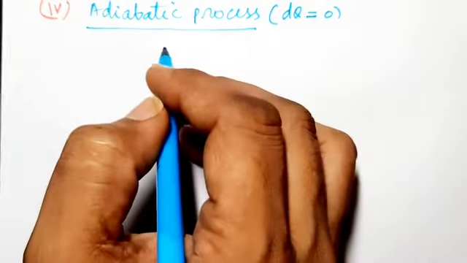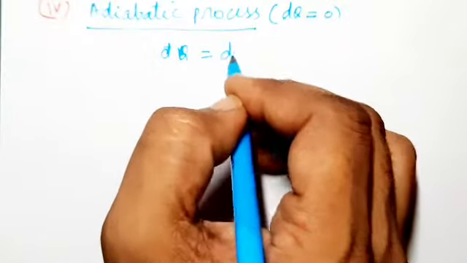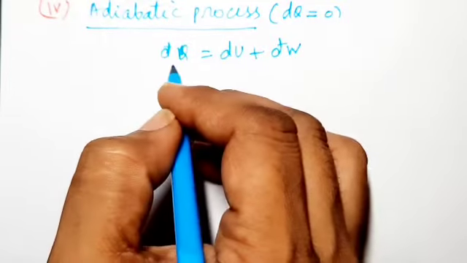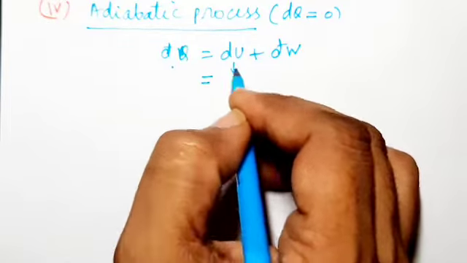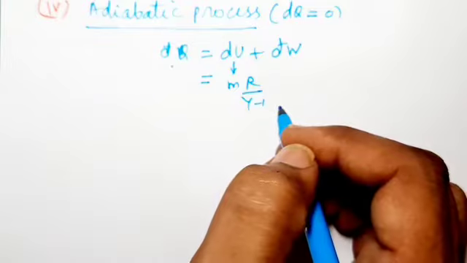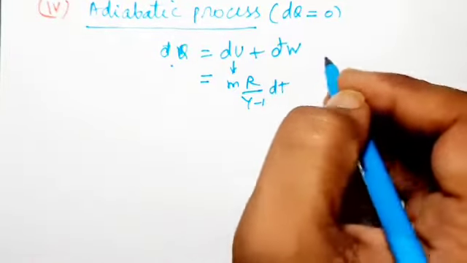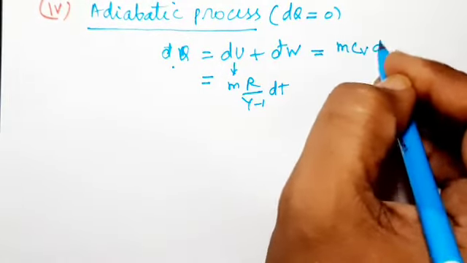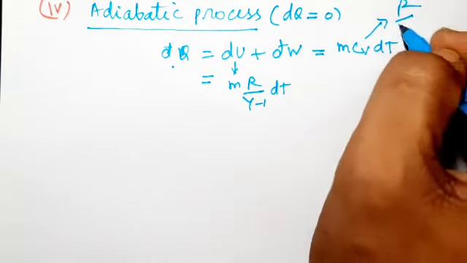Applying the first law of thermodynamics, dQ is equal to dU plus del W. Here this is equal to mR upon gamma minus 1 into dT, because this is equal to m Cv dT. So Cv is equal to R upon gamma minus 1.